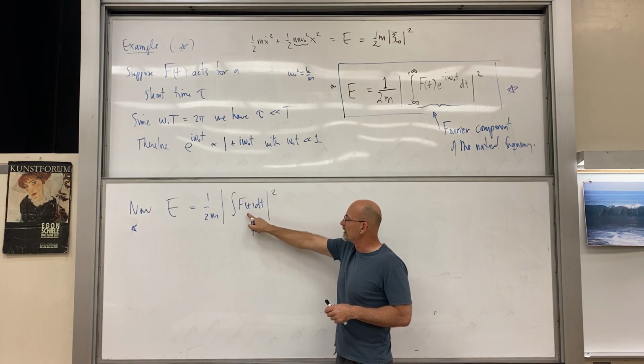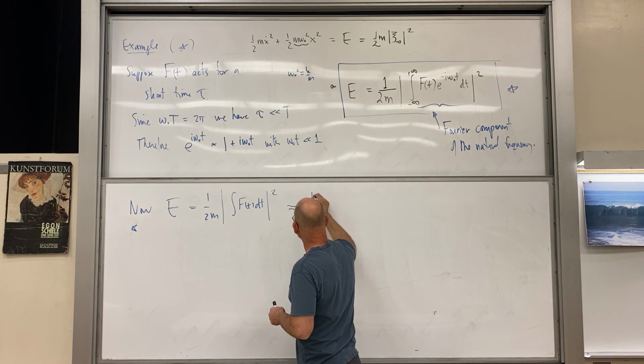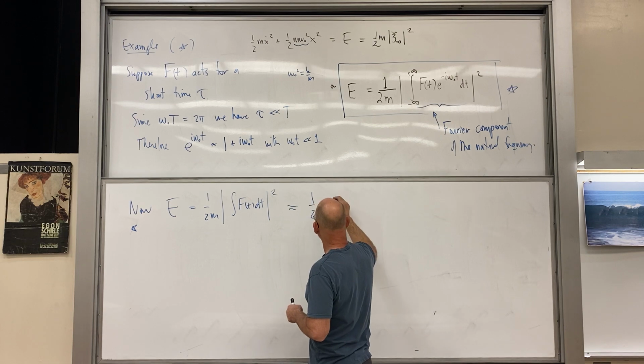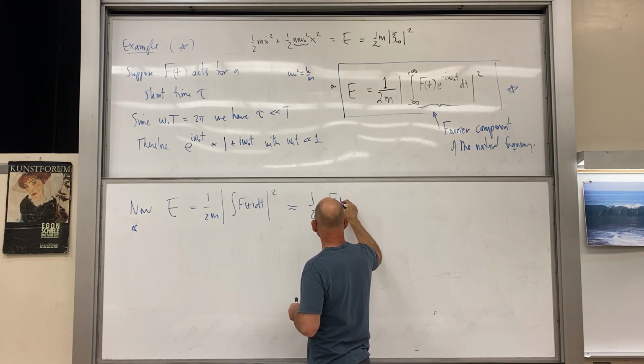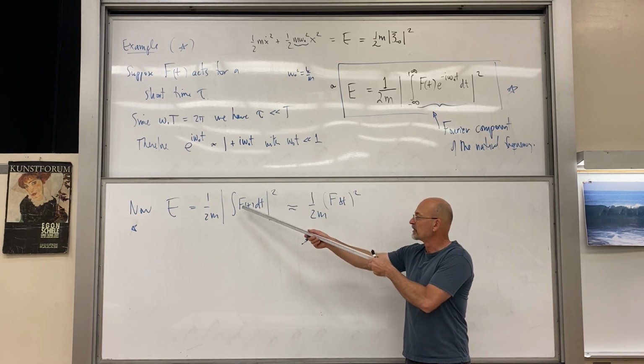And since that is very short, we can say that's just 1 over 2m, f delta t, squared, over a very short period of time.